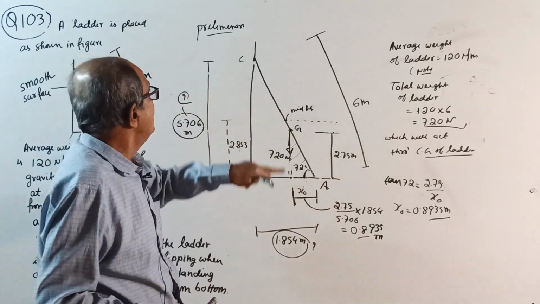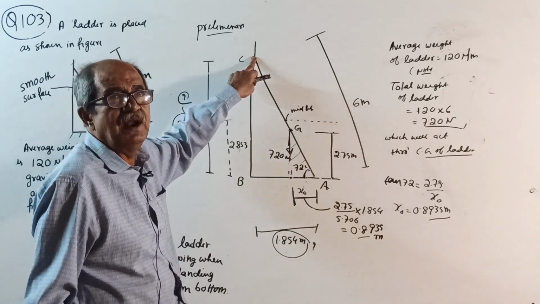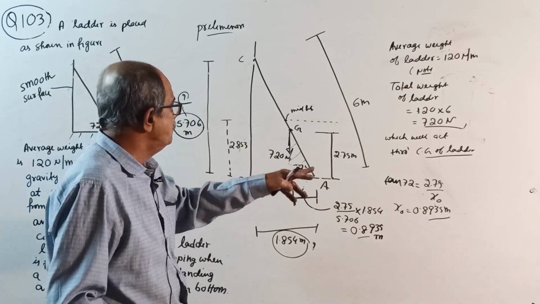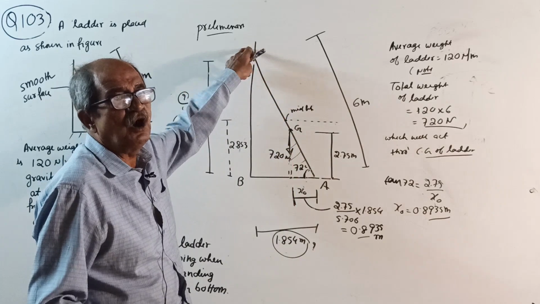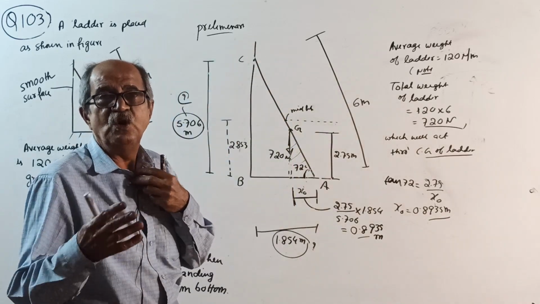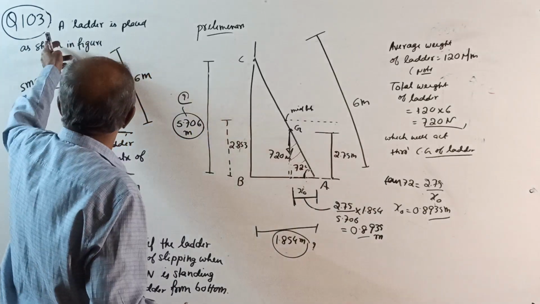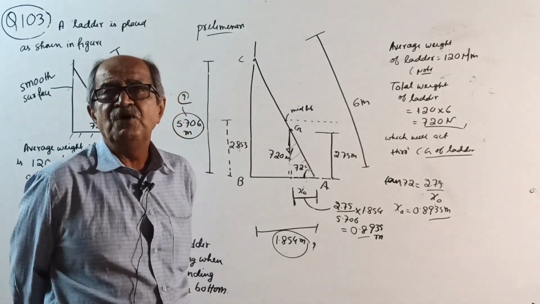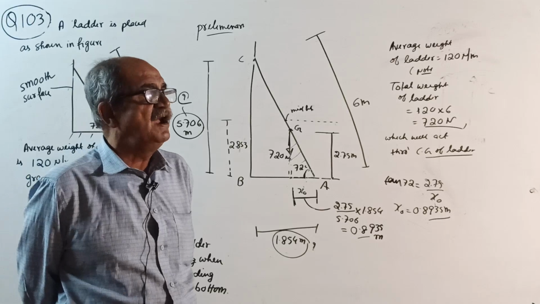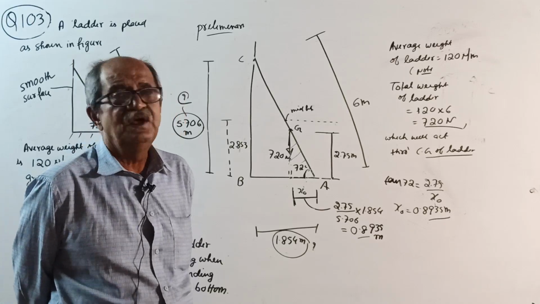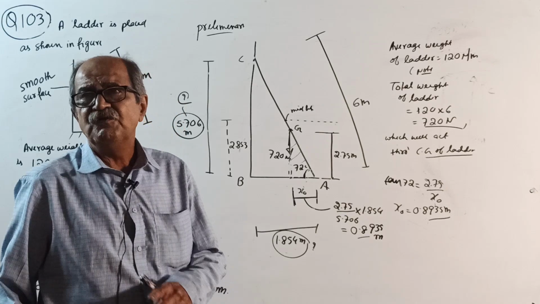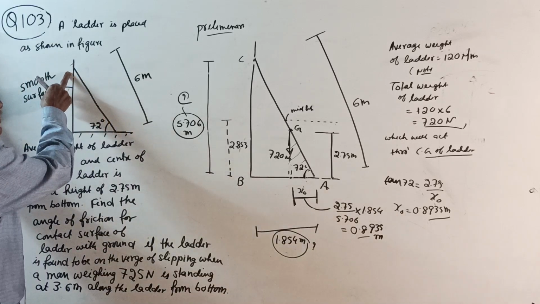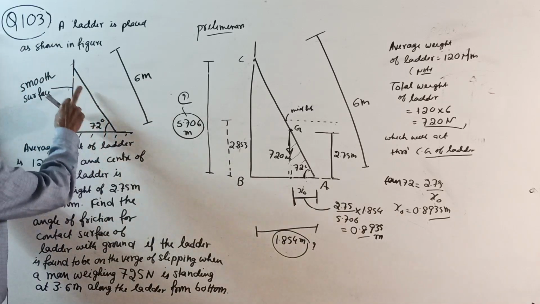In one of the questions, mu at top given, find mu at bottom. Next, the question I just finished, mu at bottom given, find mu at top. Now I am doing a series of questions for finding mu. Now, change. One of the mu is 0. See, this is smooth, this is rough. Top mu is not there.